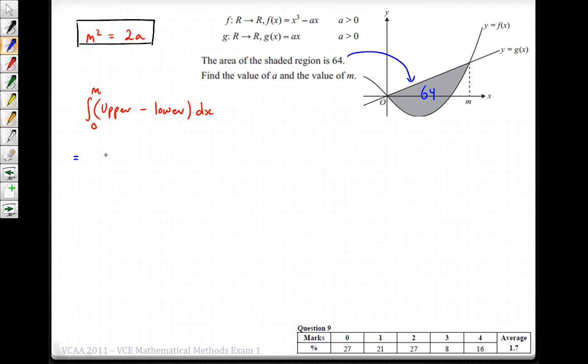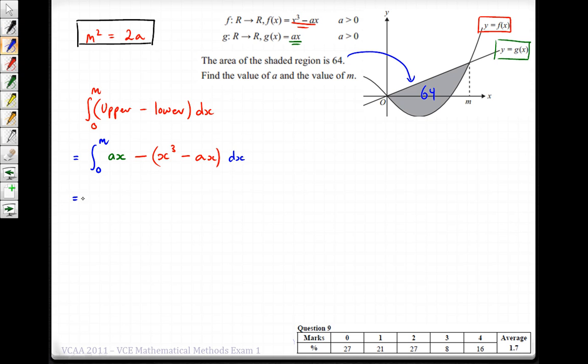So for us, this is equal to the integral from 0 to m of our upper curve. Our upper curve is g of x, which we had in green on the other slide. So g of x is up here, so we're going to have ax, and then we're going to subtract away from it our lower curve, which was f of x, which is this guy. So we subtract away x cubed minus ax, and it's still dx.